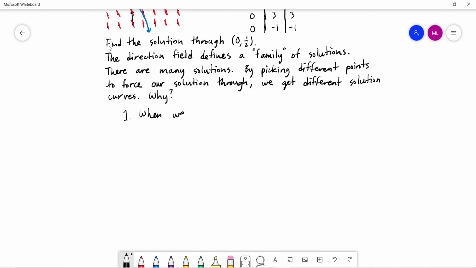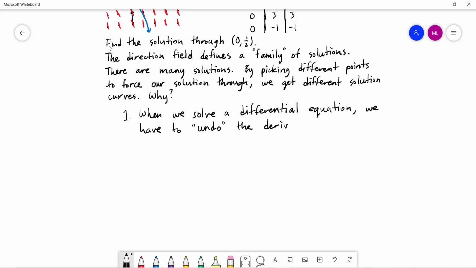When we solve a differential equation, we have to undo the derivative that shows up in the differential equation. How do we do this? With integration.